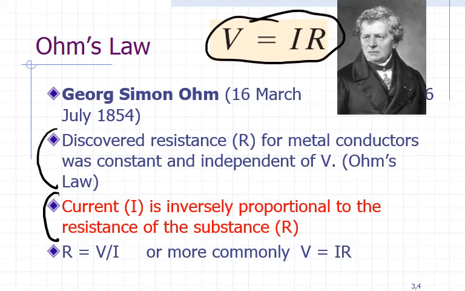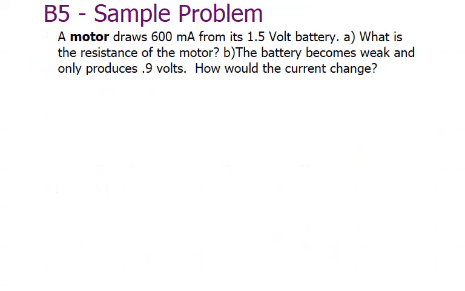And this is a linear relationship. If we look at the combination of voltage and current, we double voltage, we should double the current. We triple the voltage, triple the current. If we double the resistance, we'll have half the current. If we triple the resistance, we'll have a third of the current, with the same amount of voltage.